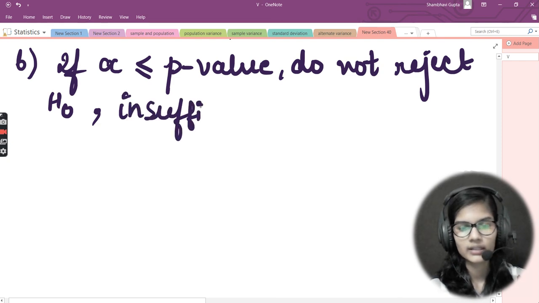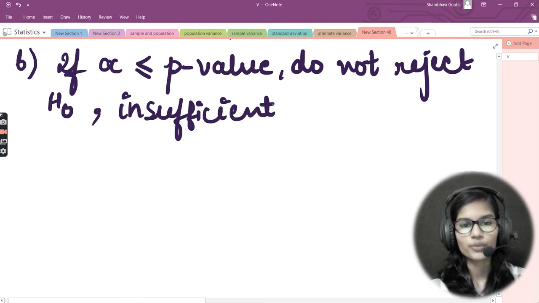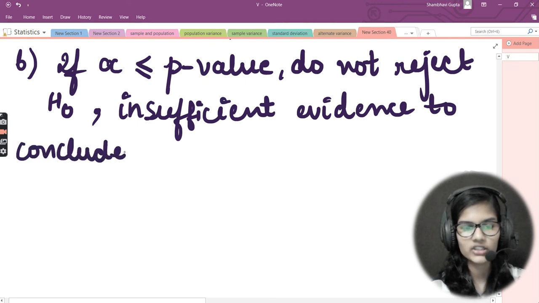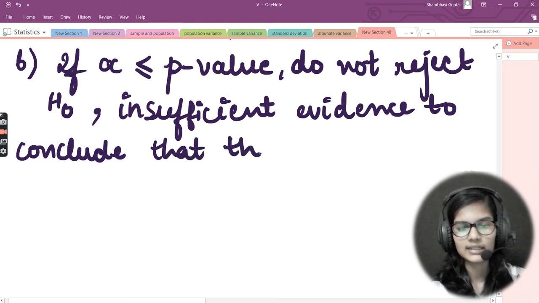Insufficient evidence to conclude that the alternative hypothesis.